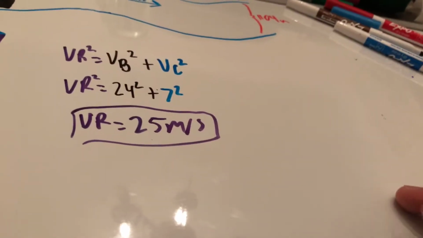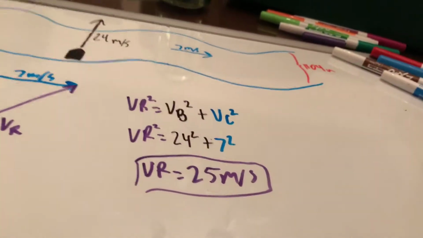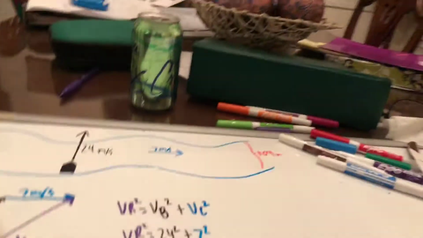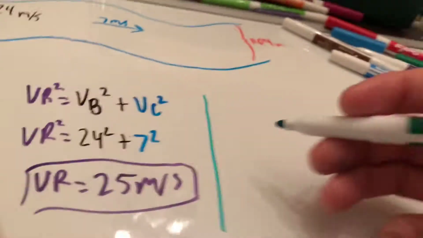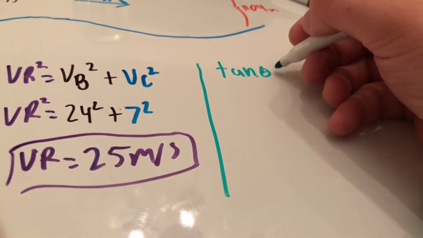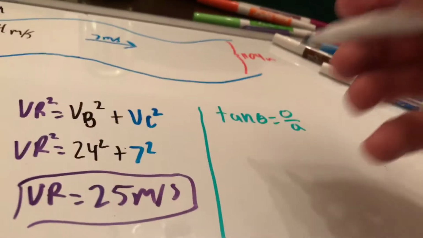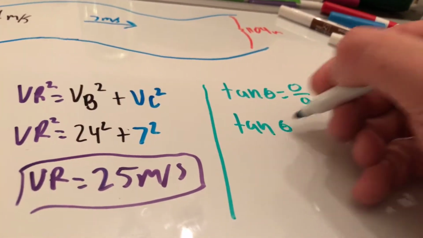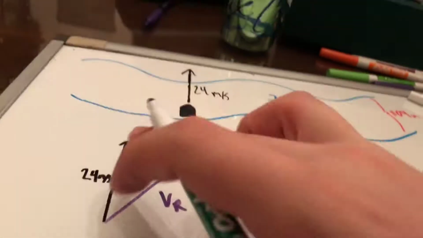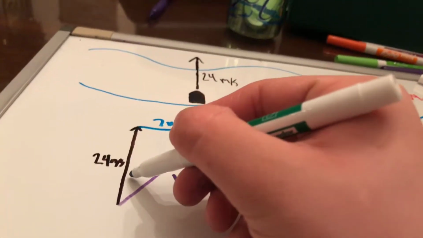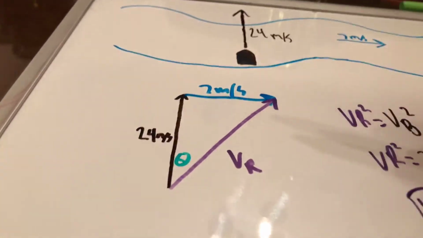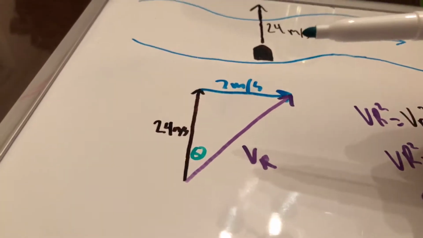And we also need to find the angle. So I'm just going to use a completely different color. For the angle, we're going to use tangent theta is equal to opposite over adjacent. Tan theta is equal to 7 over 24. I'm just using two sides that I know for sure. So theta would be right here, and the two sides I've been given are the opposite side at 7 meters per second and the adjacent side, which is 24 meters per second.